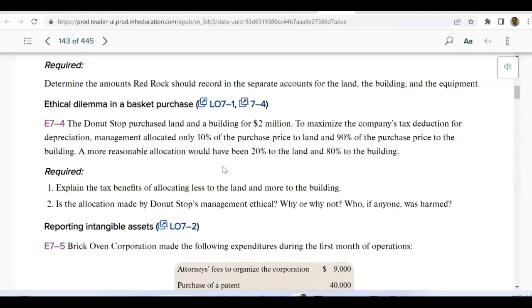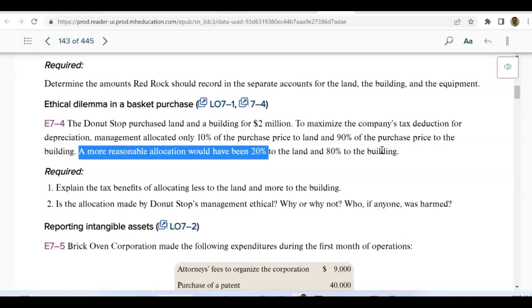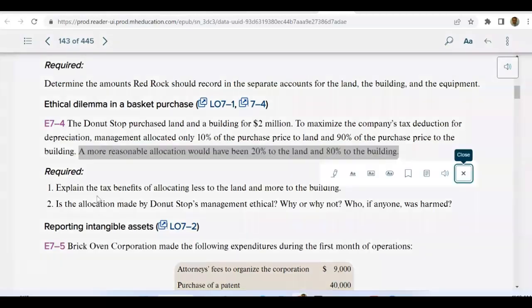So you can use that assessor's estimate as a form of reference if you don't want to get a separate appraisal privately. Okay, so a more reasonable allocation would have been 20% to land and 80% to building.